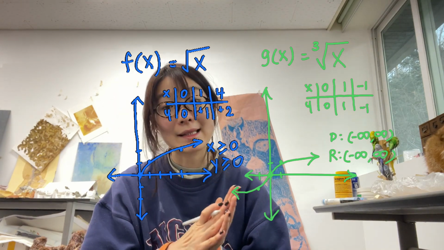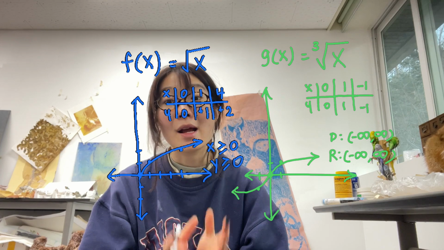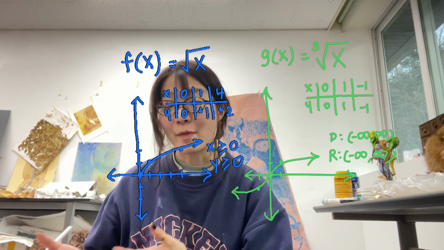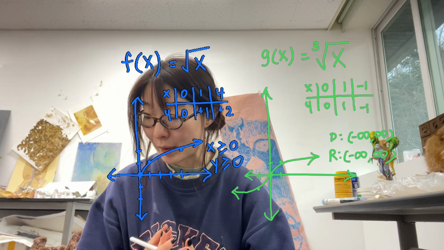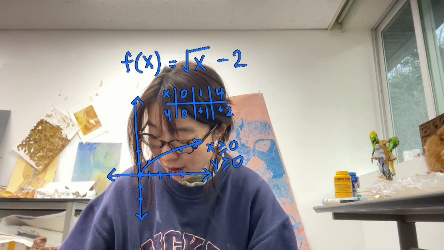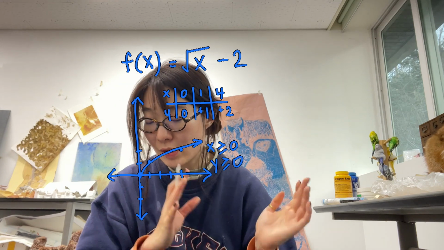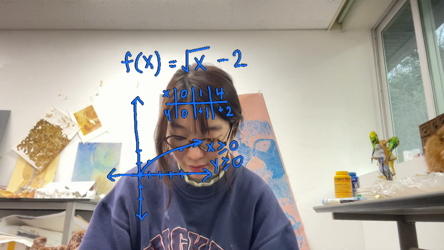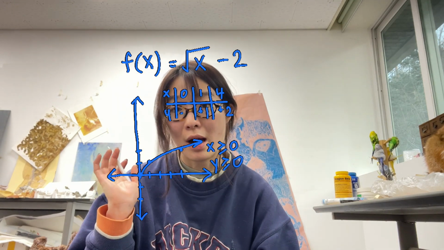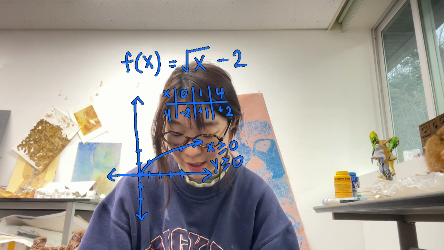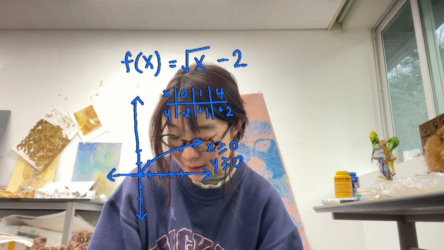So now let's see how we can apply transformations to these parent functions to graph some of the examples that we have in our workbook. Let's take a look at the very first one, which is square root of x minus 2. So to the parent function that we have, I'm going to go ahead and subtract 2.